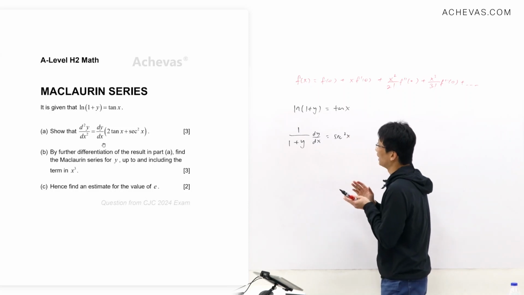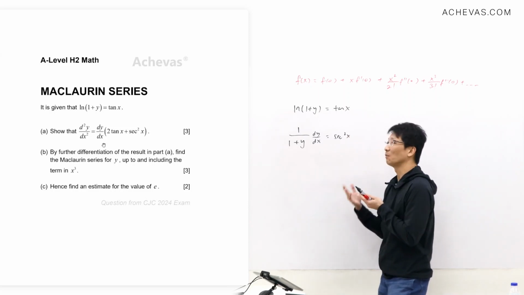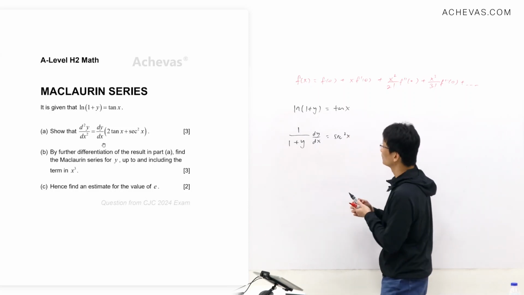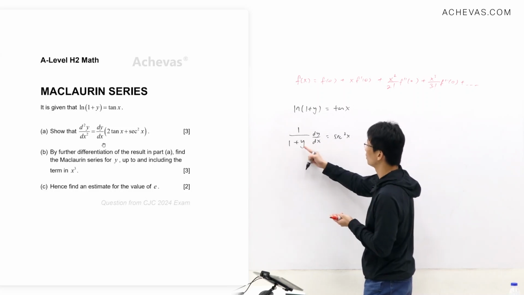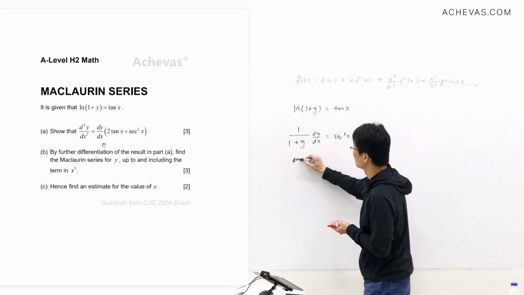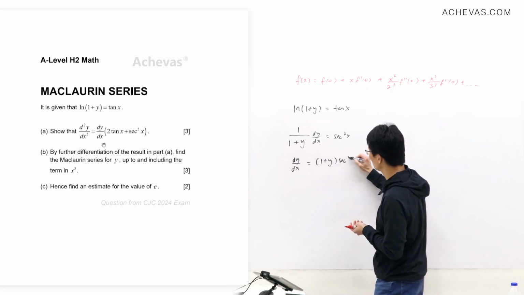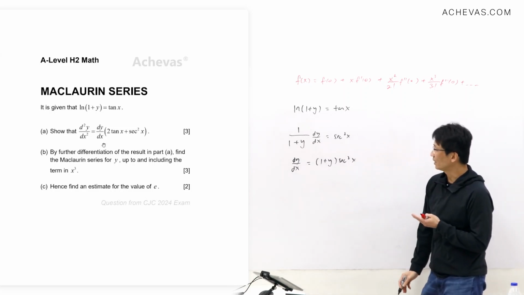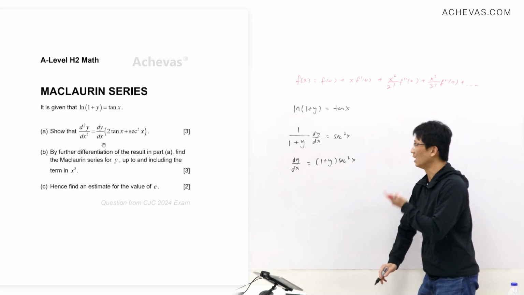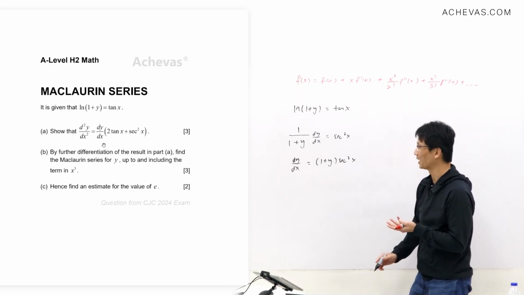So usually what I will attempt to do is to make use of product differentiation instead. So in this case, maybe I can just multiply this over to the other side. So dy/dx will just be (1 + y) sec²x. I think this is a better equation to differentiate one more time.